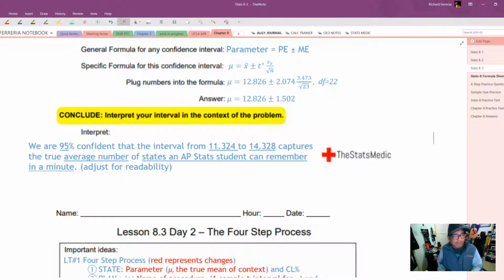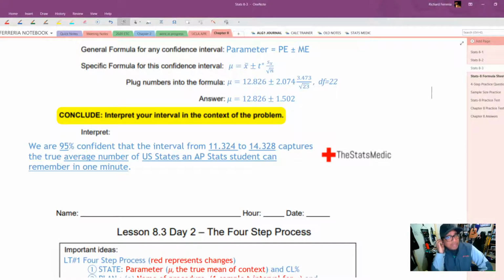Read it one more time for readability. We are 95% confident that the interval from 11.32 to 14.33 captures the true average number of states an AP Stat student can remember in a minute. Make a couple of adjustments here and then we're good to go. That is our interpretation.